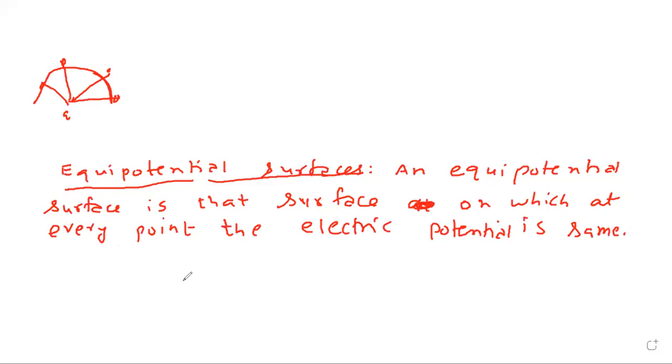An equipotential surface is that surface on which at every point electric potential is same.